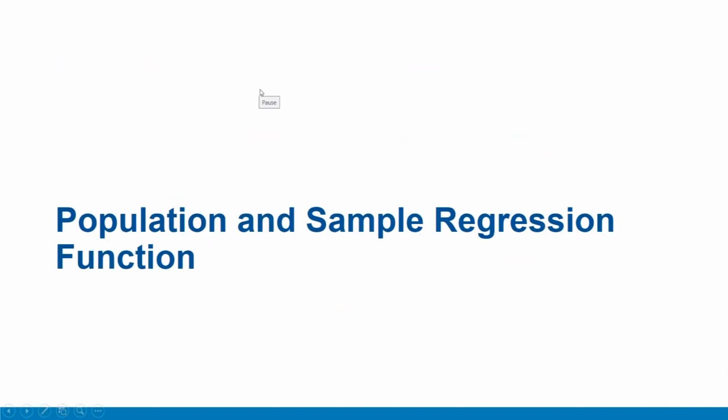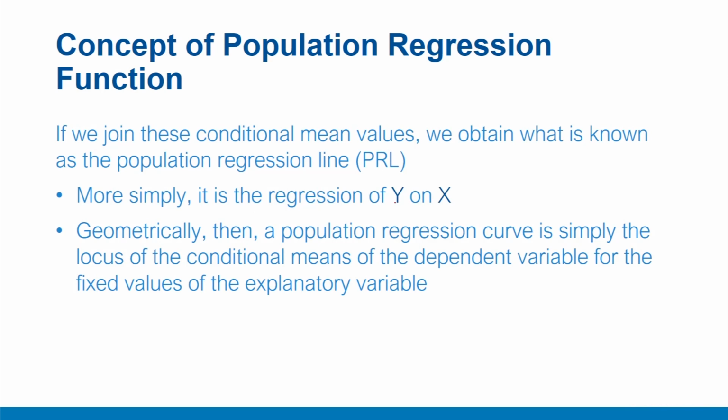In this video, we'll introduce the concept of population and sample regression functions in the context of regression modeling. Recall, in the previous video, we said that if we join the conditional means of Y given X, then we obtain what we call a population regression line.